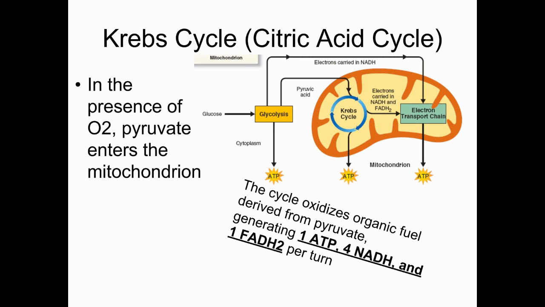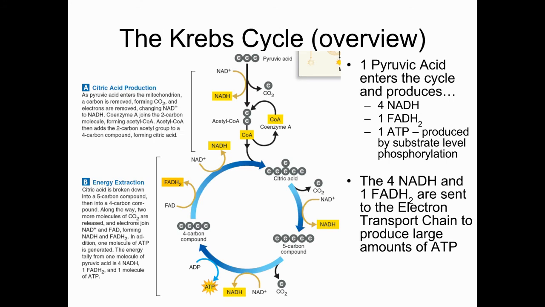Okay, so very simple. The Krebs cycle starts with pyruvic acid. Pyruvic acid passes through the membrane into the matrix of the mitochondria, and we continue to break it down. So this is the simplistic form of the Krebs cycle. You do not need to memorize any of this. You just need to have a general idea of some key terms. There's two ways to look at this process.